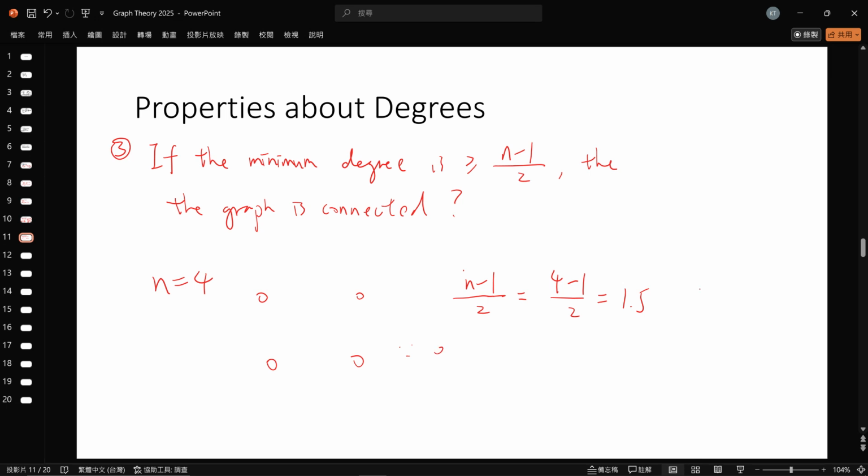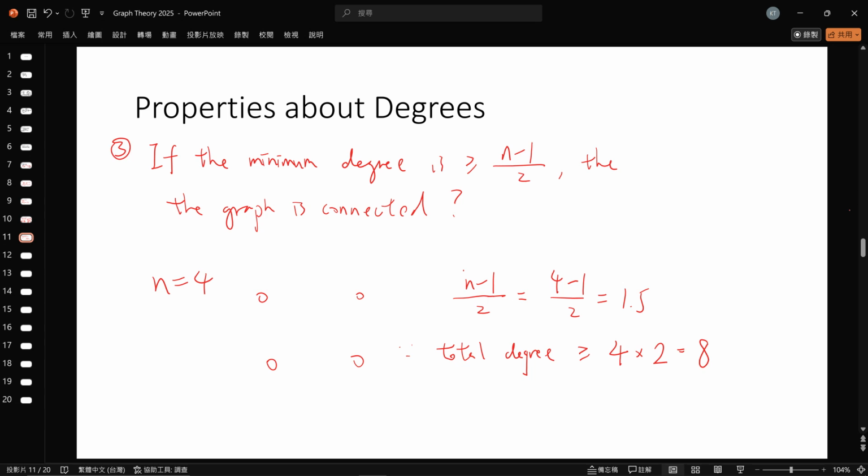So because the minimum degree is (m minus 1) divided by 2, the total degree is at least 4 times 2, which is 8.